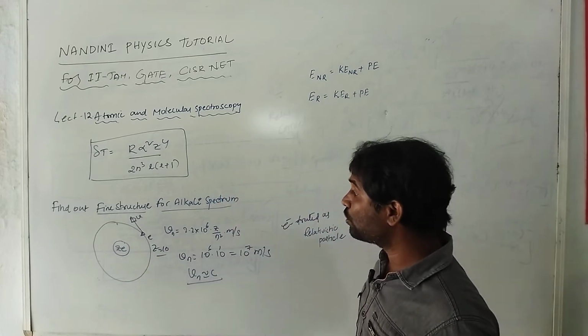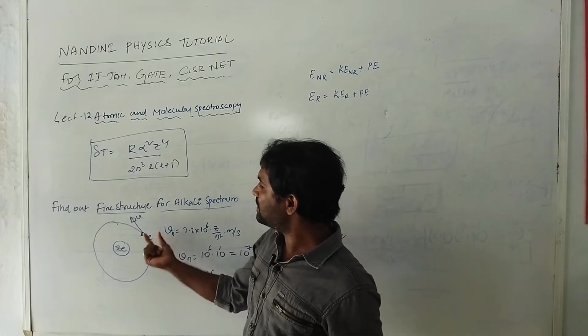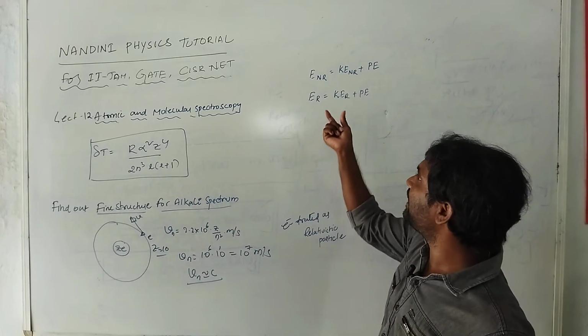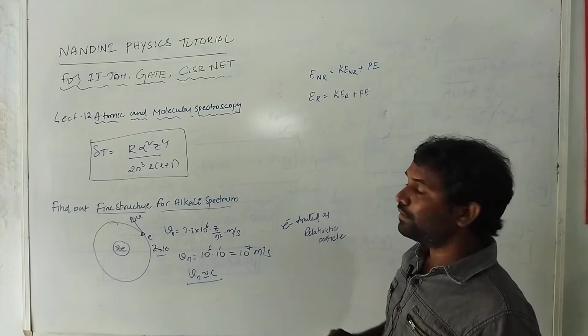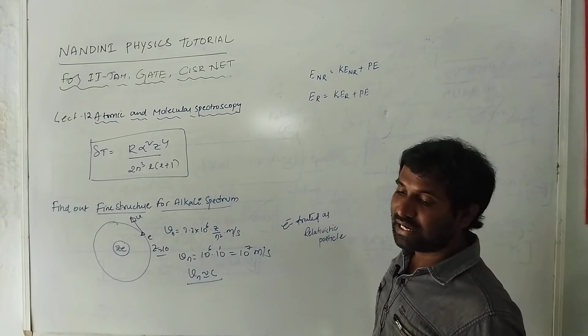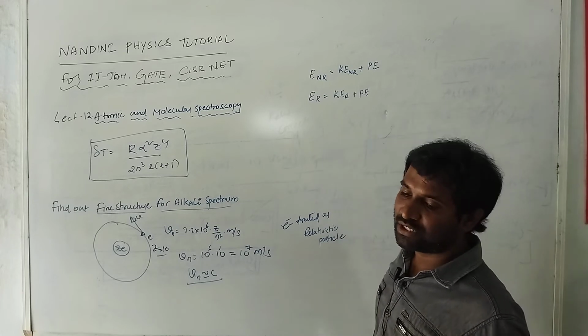That creates some energy, which is nothing but the alkali spectra energy, the total energy. In the relativistic case, ER is equal to the relativistic kinetic energy KER plus the potential energy.